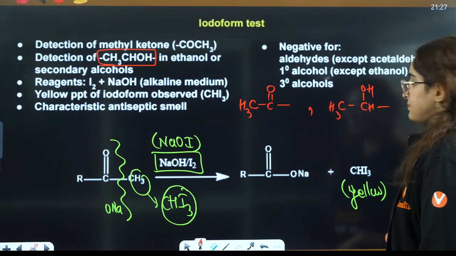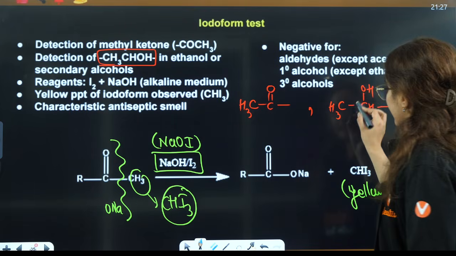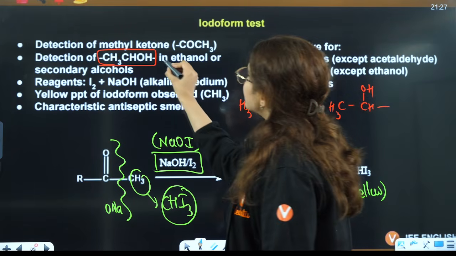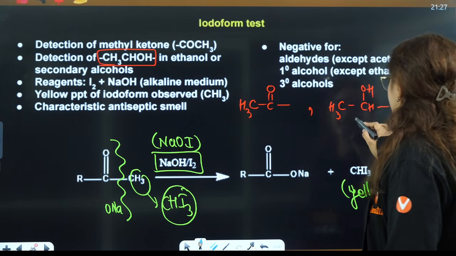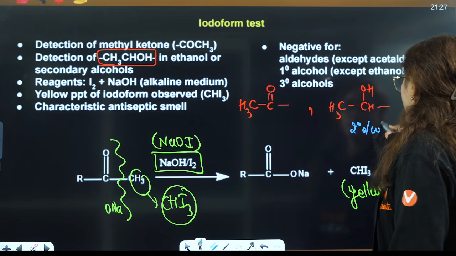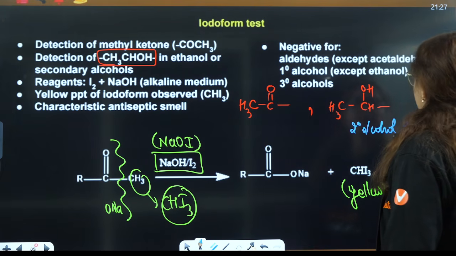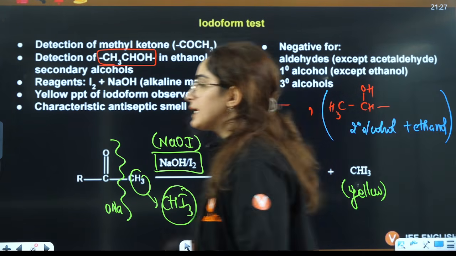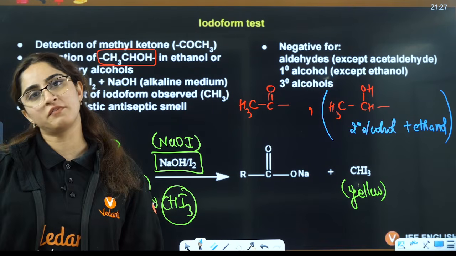Now understand one thing: this should be there, plus in ethanol we check this. These kind of secondary alcohols plus ethanol will give this test. These kind of secondary alcohols, and out of primary alcohols only ethanol will give the test.